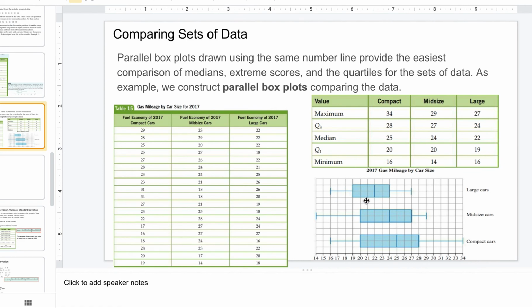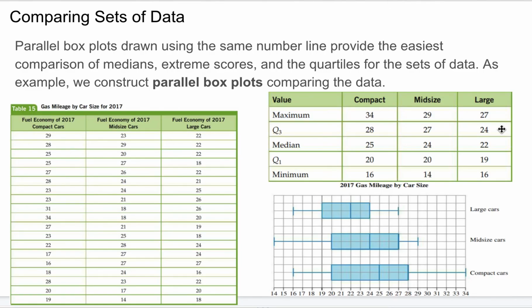Make a box plot for each. For large cars, you have a box plot there. Second, medium size, you have a box plot there. Third, you have a box plot there. And then you're going to interpret that. By comparing these 3 box plots, how would you interpret that?